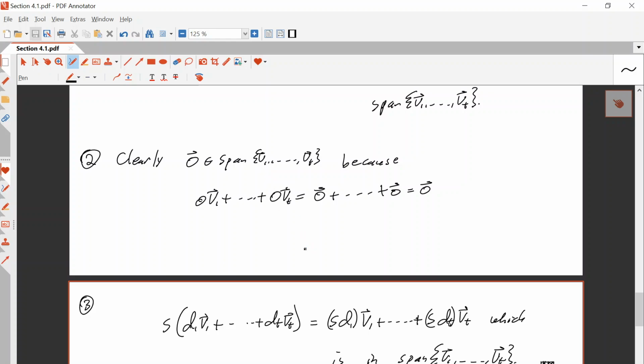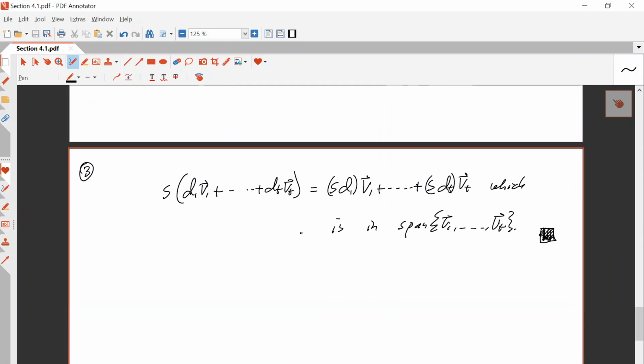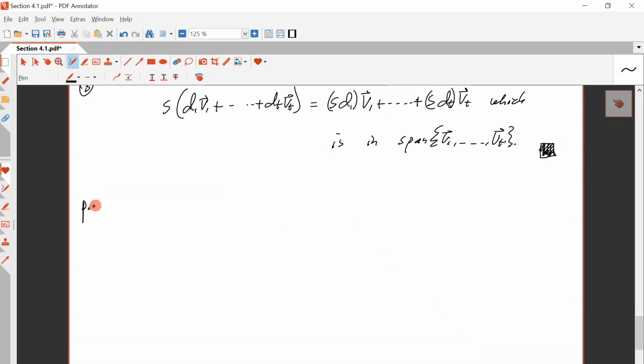And a particular example of this kind of thing that we've seen: let A be an n by n matrix.